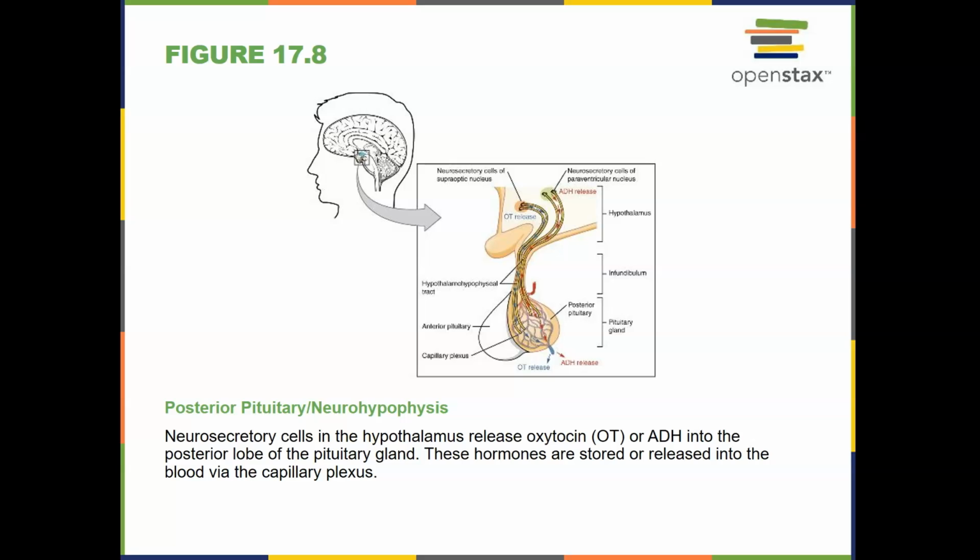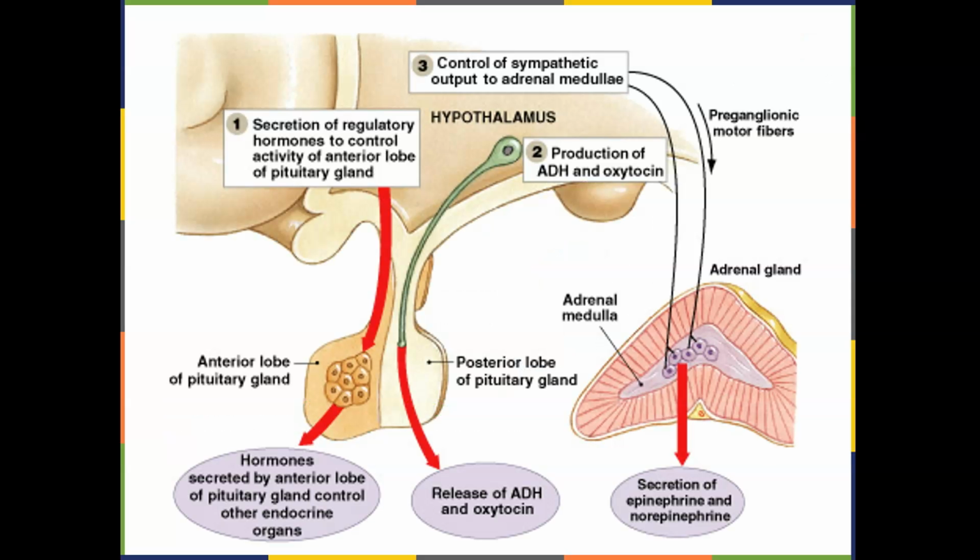And so this is what I was talking about. The cells up here in the hypothalamus send their axons all the way down here to the posterior pituitary, and they squirt right into a bed of blood vessels where the oxytocin or antidiuretic hormone can circulate around to where it needs to go. And so here's another example.